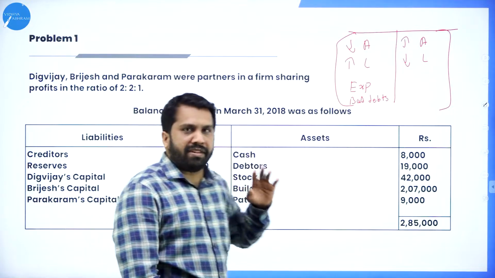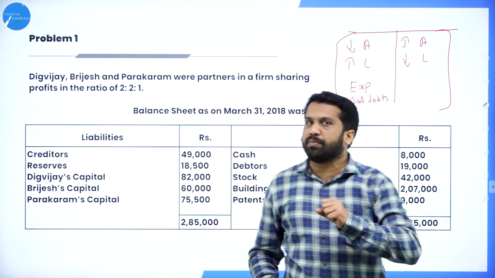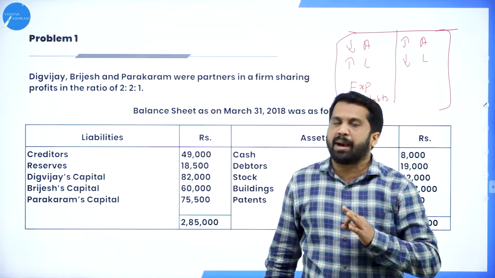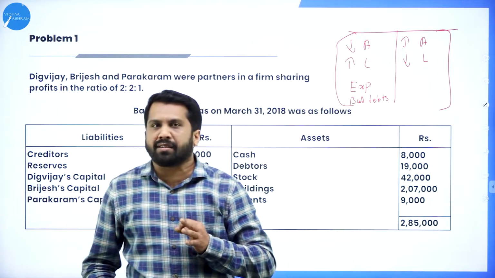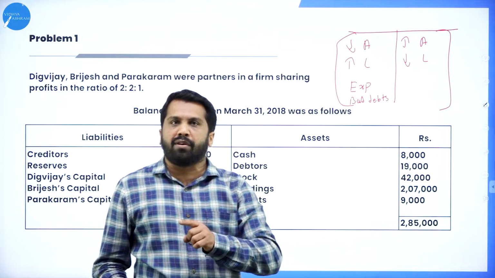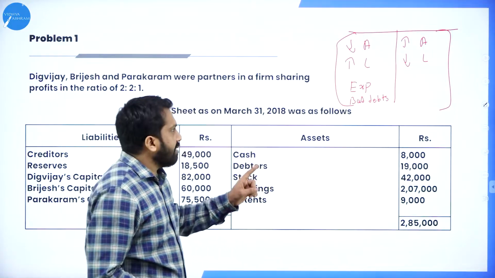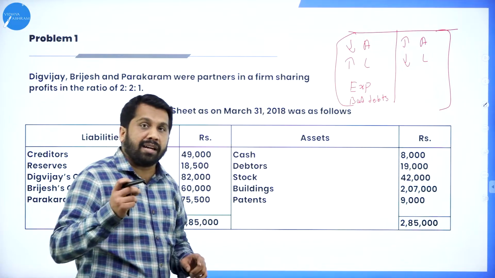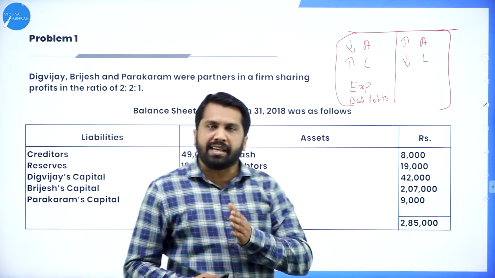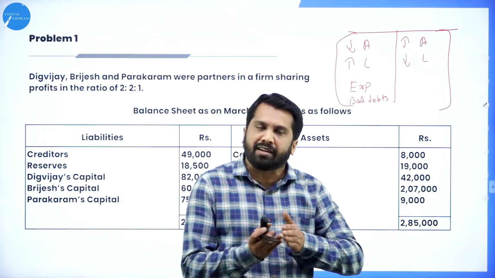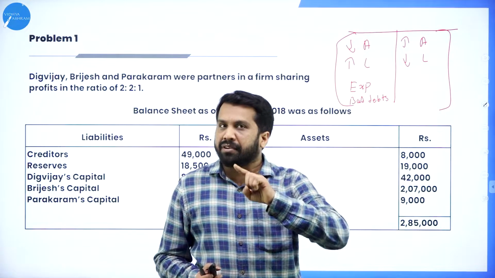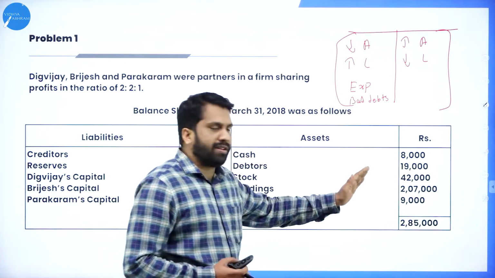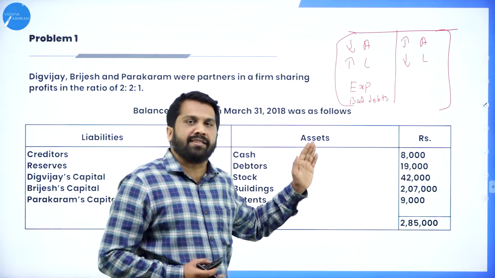Now, once we are done with revaluation, what is the next procedure? Partners capital. Same thing as you did in the admission of a partner, the same procedure we follow for the partners capital account. Under partners capital account, we used to distribute to 2 partners out of 3. But in retirement, all 3 will be eligible to get their share.